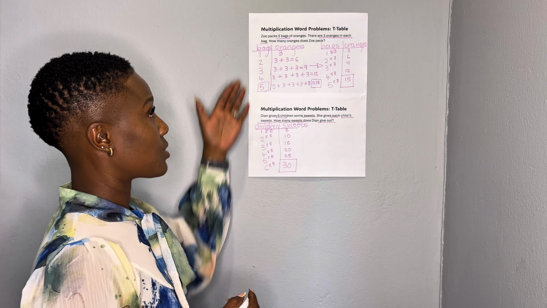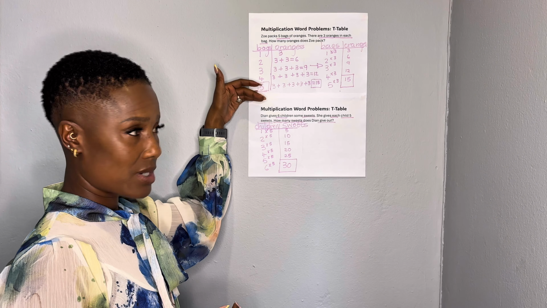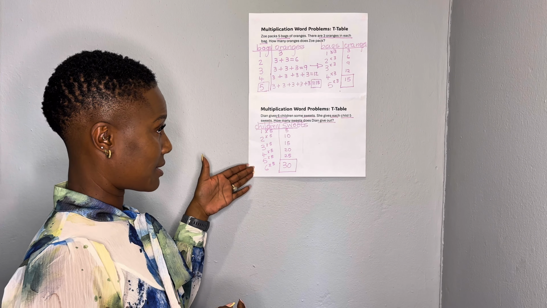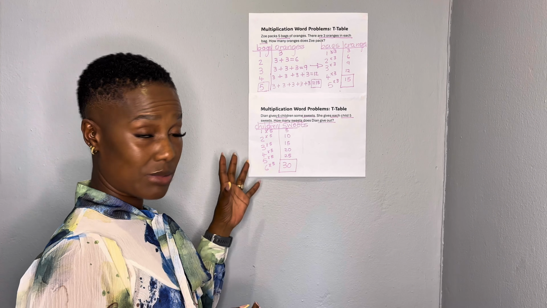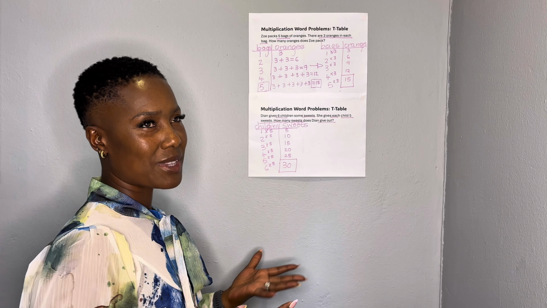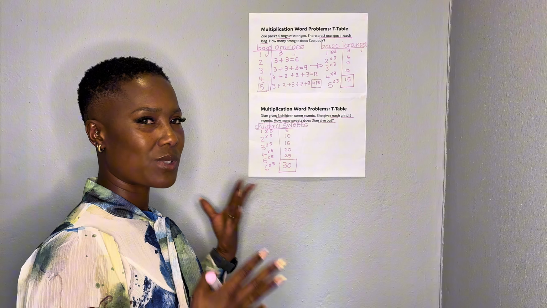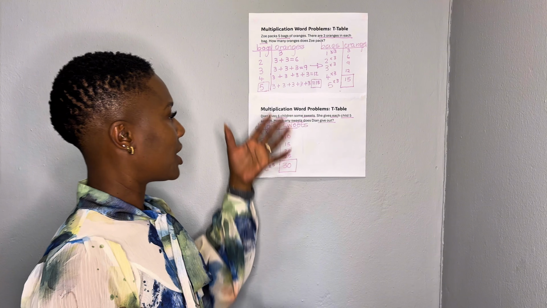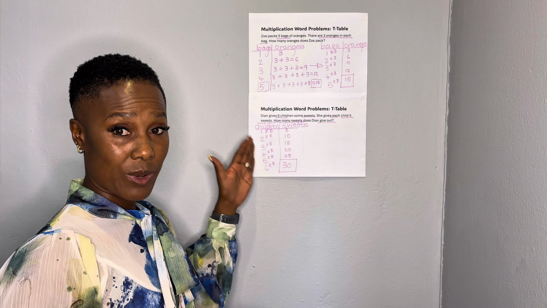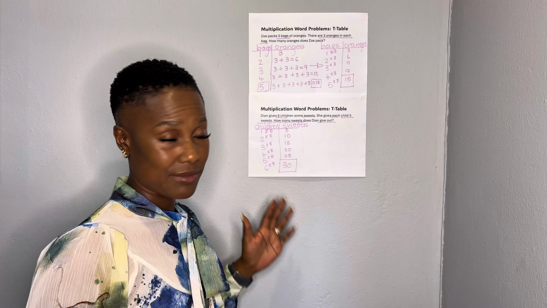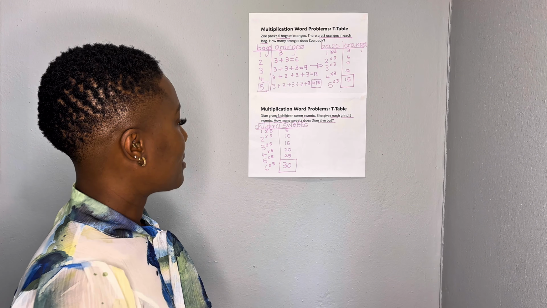Allow them to solve it using this method. However, this is the recommended method that a learner should be able to do, especially now that we are in term 4. It's towards the end of the year. Children should be able to work it out using this multiplicative T table.